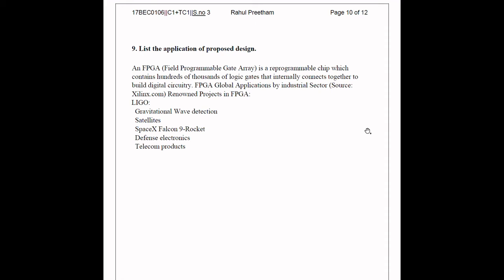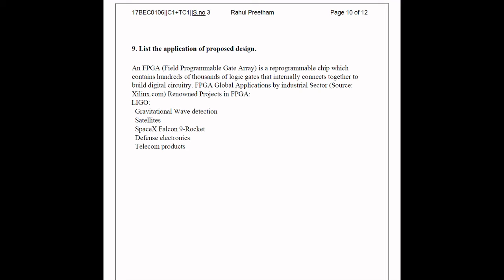An FPGA, field programmable gate array, is a reprogrammable chip which contains hundreds of thousands of logic gates that internally connect together to build digital circuitry. FPGA global applications by industry sector: gravitational wave detection.